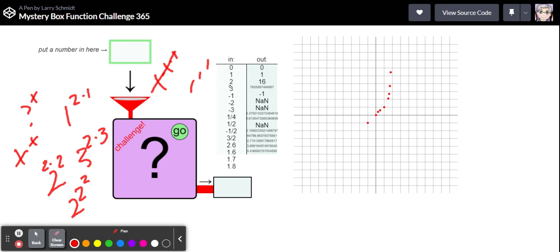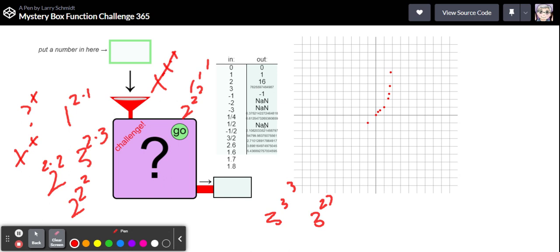Is that 0? I don't really know. I bet there's some disagreement about that. But 2 to the 2 to the 2. 2 to the 2 is 4. 2 to the 4th is 16. How about 3 to the 3 to the 3? Could that be 7 trillion? So 3 to the 3 is 27. So 3 to the 27th power. Yeah, actually, that could be 7 trillion. That actually makes good sense.